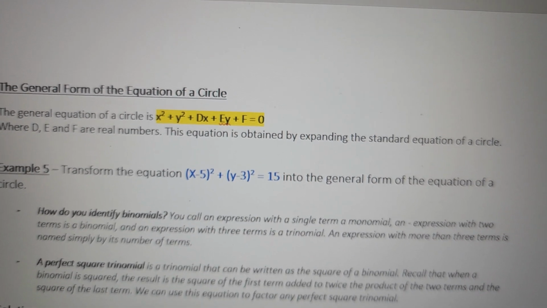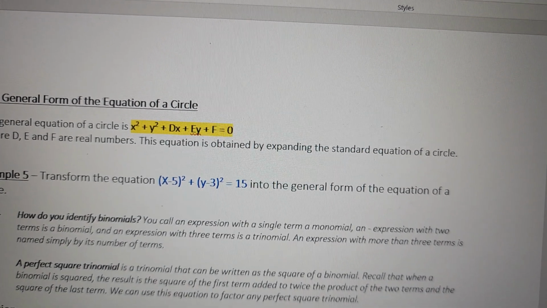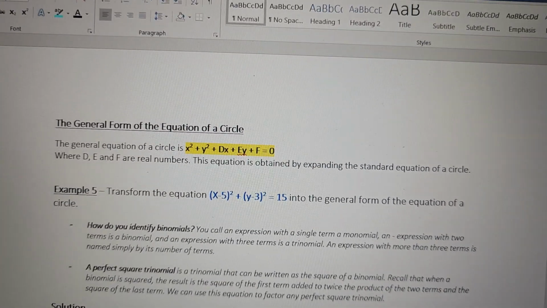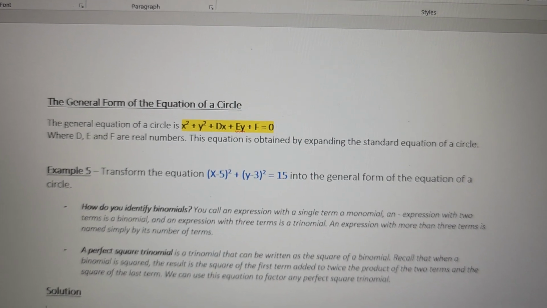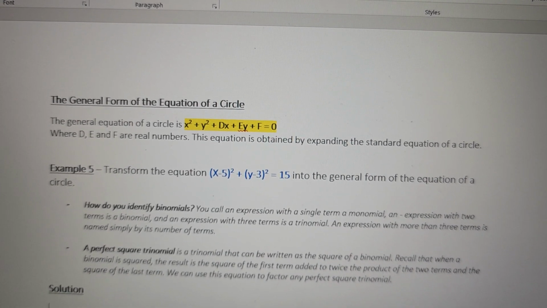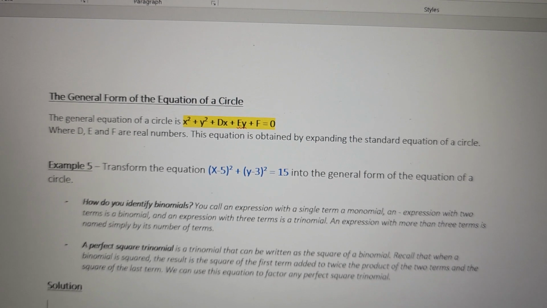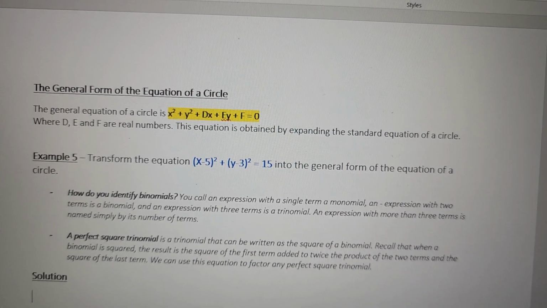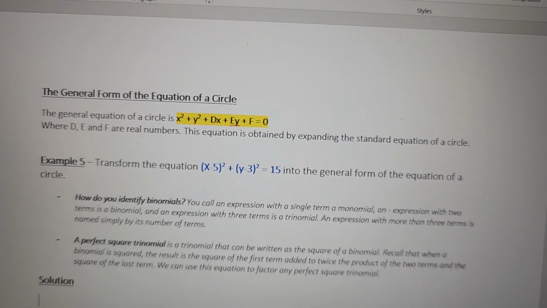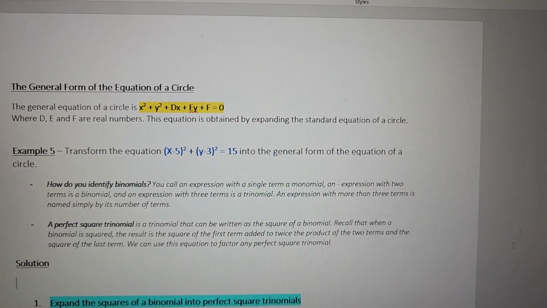This equation is obtained by expanding the standard equation of a circle. It's like this equation, x squared plus y squared plus dx plus ey plus f, is derived from the standard equation of a circle, which is this one.